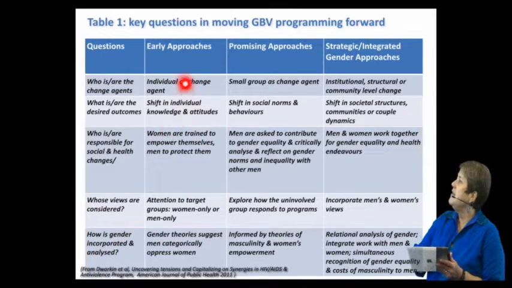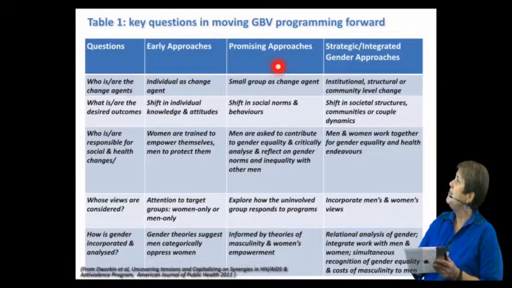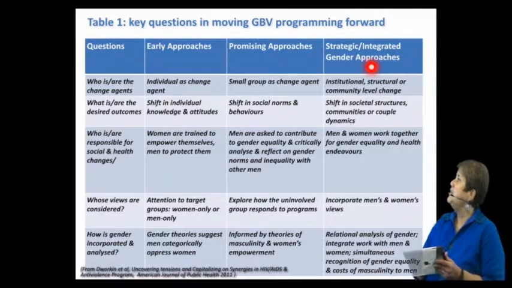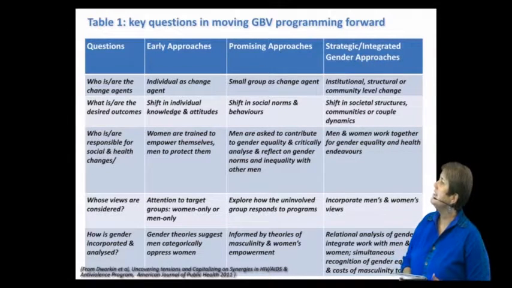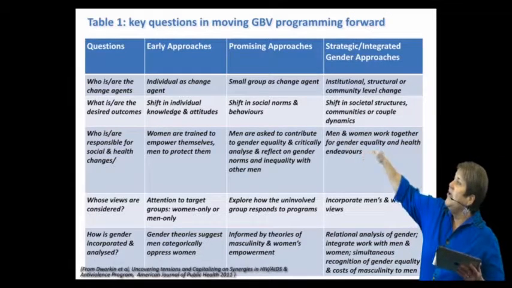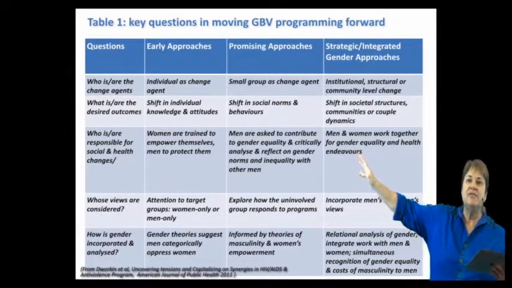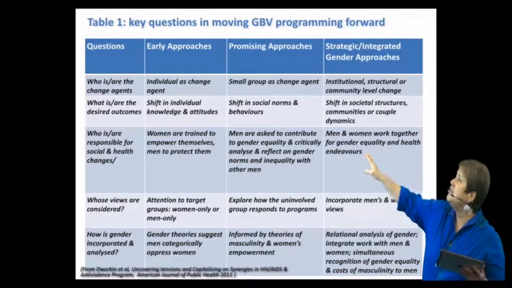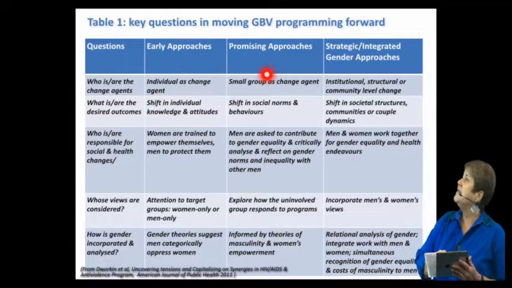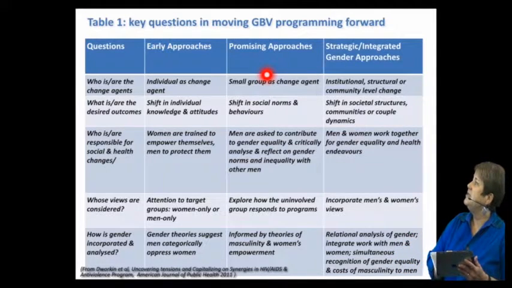And then there are several approaches. There were some early approaches, promising approaches, and then approaches that are more integrated and more gender specific. So you can have a look through this in your own time. The early approaches tended to look at the individual as the agent of change. The promising approaches tended to look at the small group as the agent of change, shifting social norms and behavior.